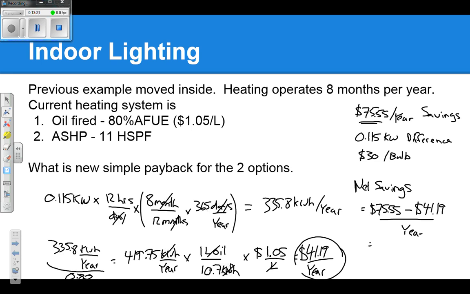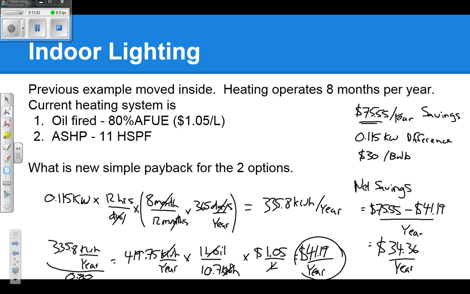That's 75.55 minus 41.19. I used a calculator there. That's $34.36 per year.